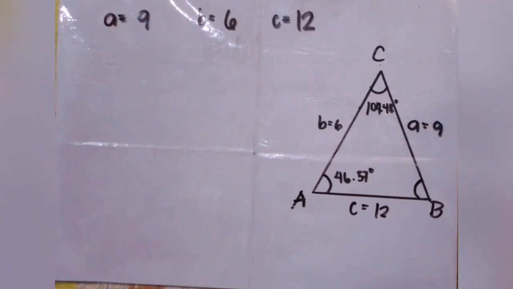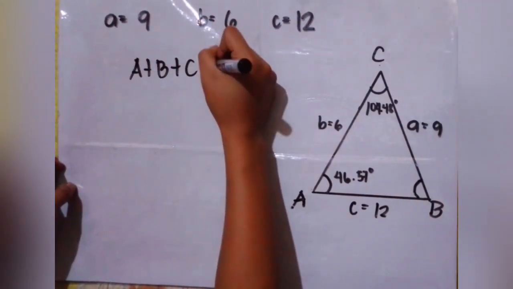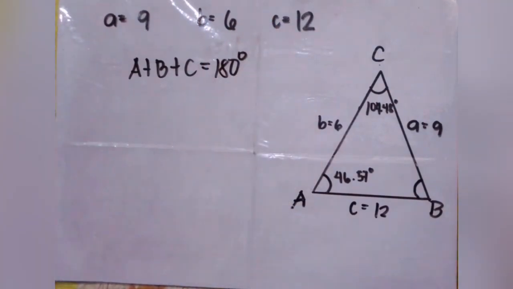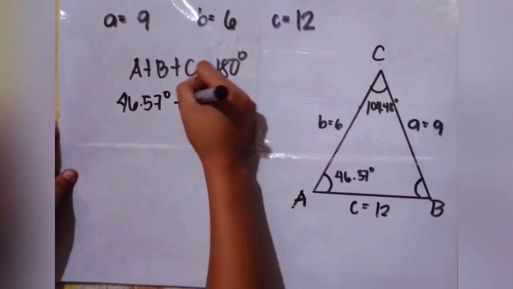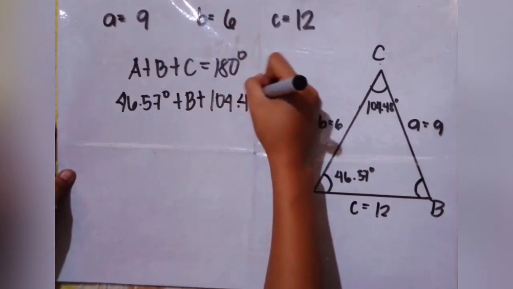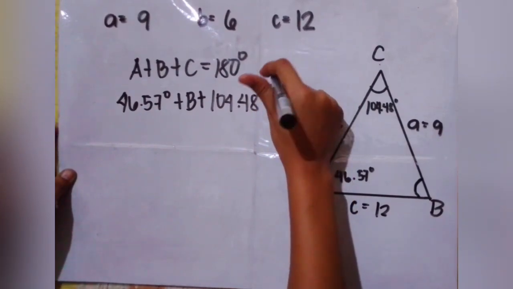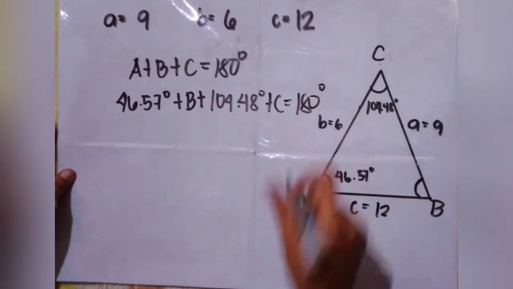We all know that the measures of the interior angles of a triangle add up to 180 degrees. So, A plus B plus C is equal to 180 degrees. Now, we will substitute. Angle A is equal to 46.57 degrees plus B plus our angle C is equal to 104.48 degrees equals 180 degrees.